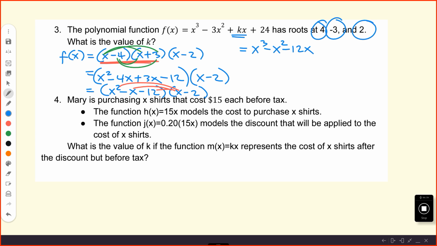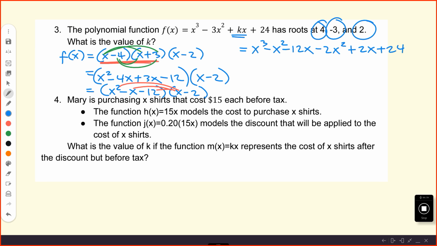And then multiply the -2 again to the trinomial. -2 times x squared is -2x squared. -2 times -x is positive 2x. And -2 times -12 is positive 24.